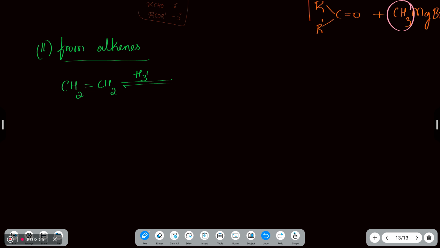Do acid hydrolysis. One side you add H plus, the other side you add OH minus. Right? What rule are you following? You follow Markovnikov's rule.